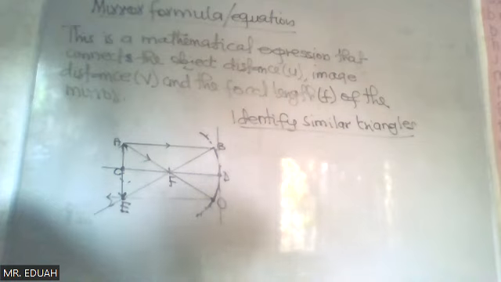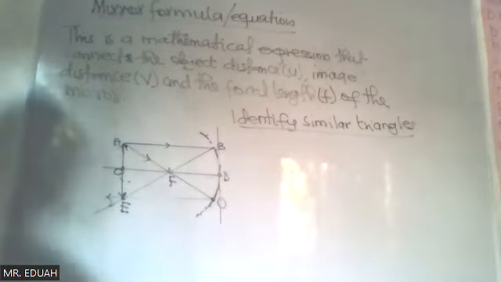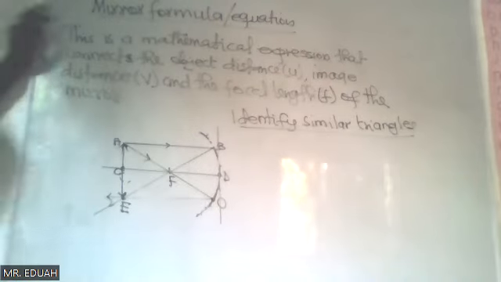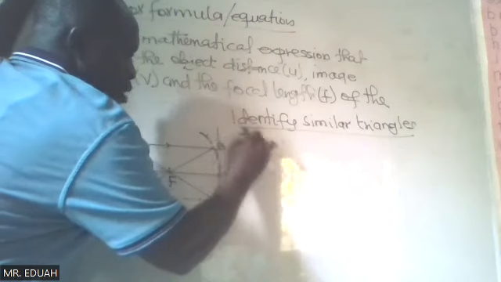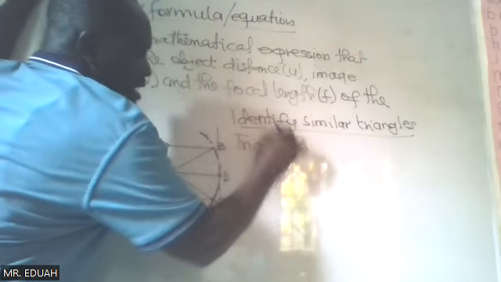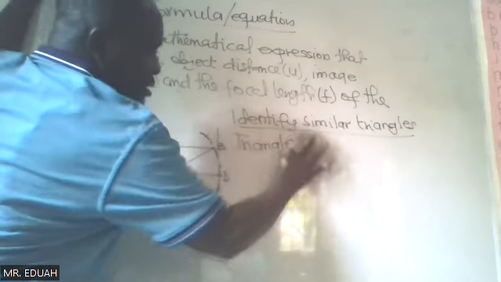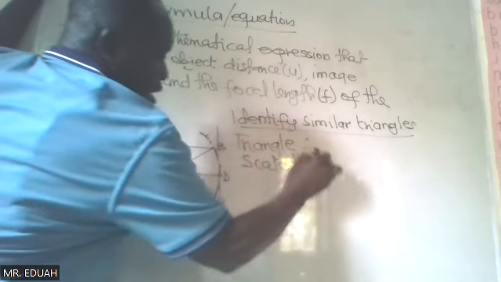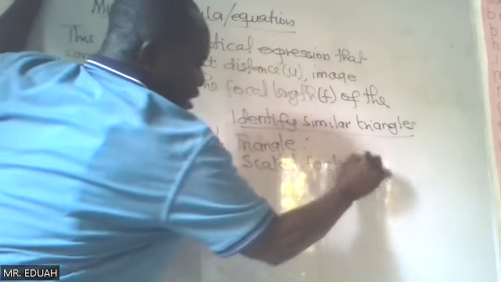So I've given you three ways of identifying similar triangles. One, triangles are similar when one is a scale factor of the other.